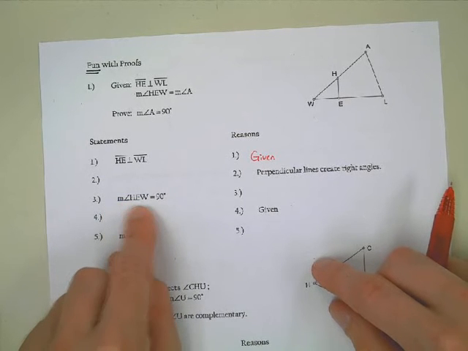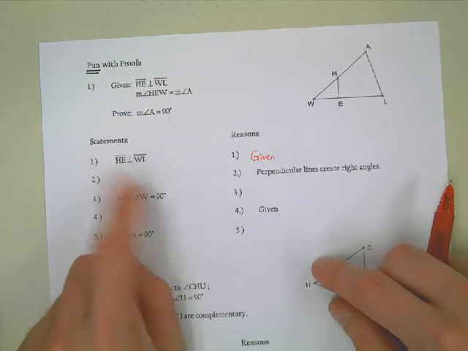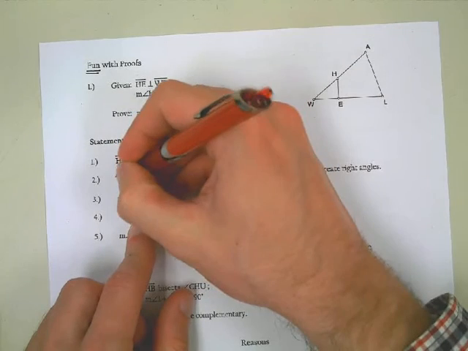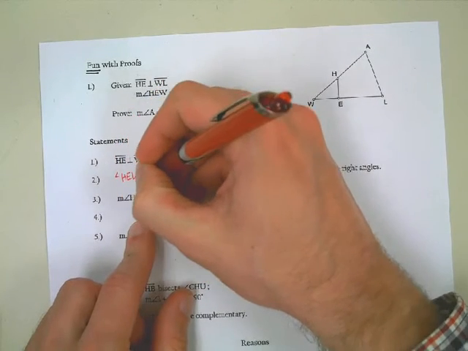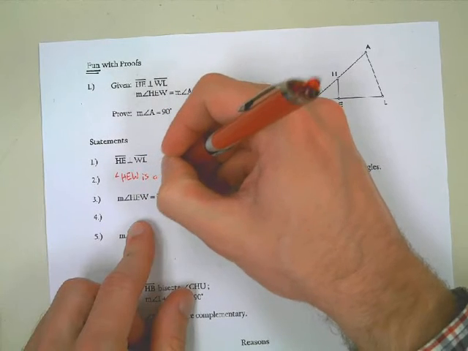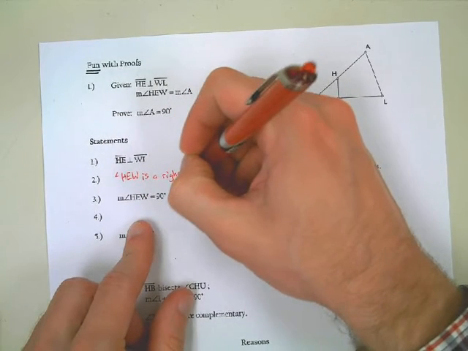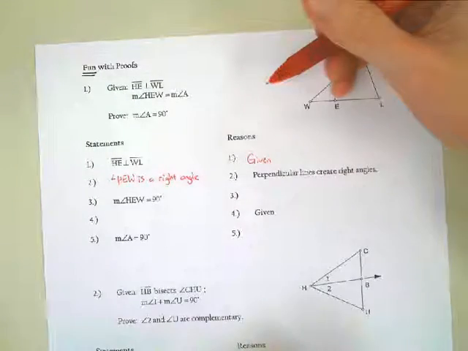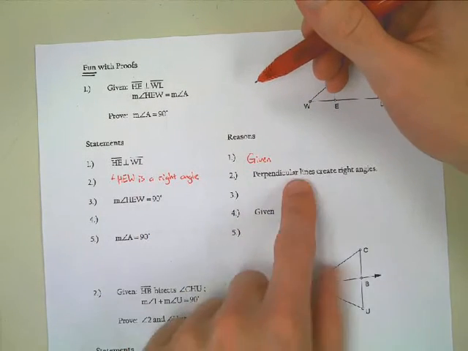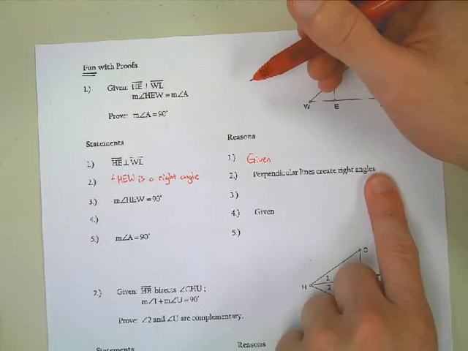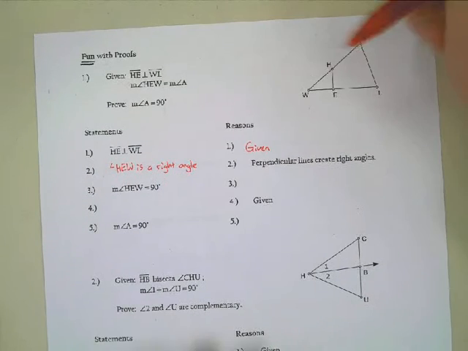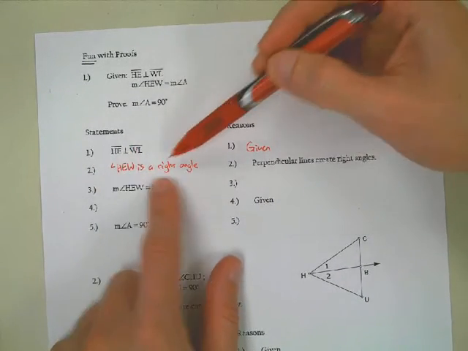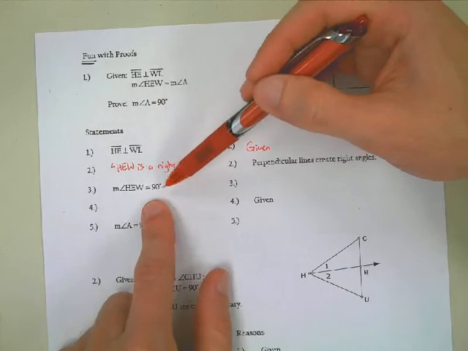So yeah, we'll probably say that angle HEW is a right angle, right? And we can say that because perpendicular lines create right angles. Okay? And then that makes sense here that angle HEW is a right angle. The next step that follows is that the measure of angle HEW is 90 degrees. Now, why do you think we can say that?